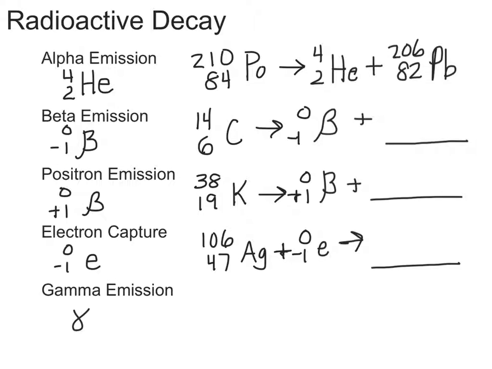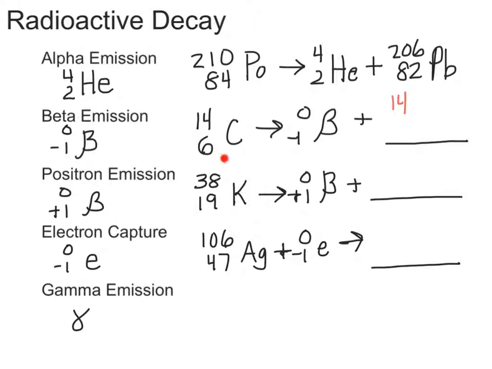Like we did in the first problem, we want to start with carbon-14, and we know that it's going to have beta emission. So what are we going to be left with? Well, we start with a mass of 14 on the reactant side. If we have no mass here with our beta radiation, we're going to be left with a mass of 14.